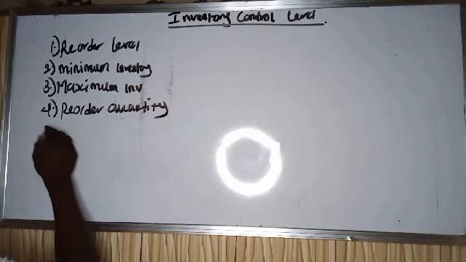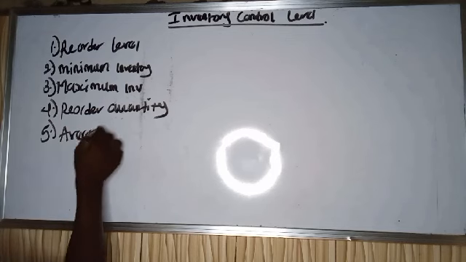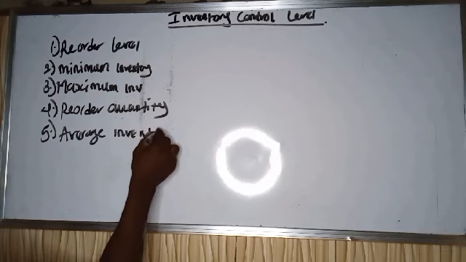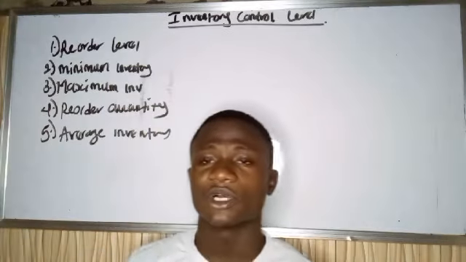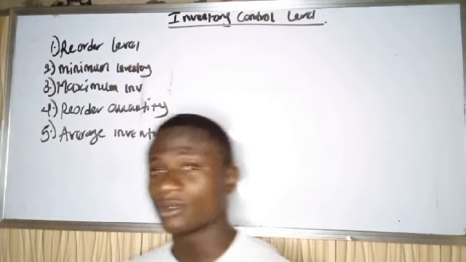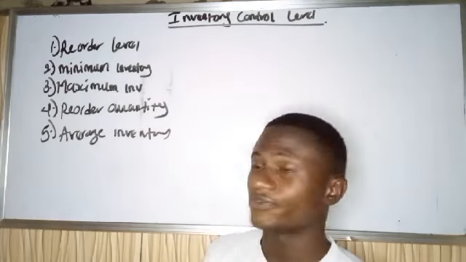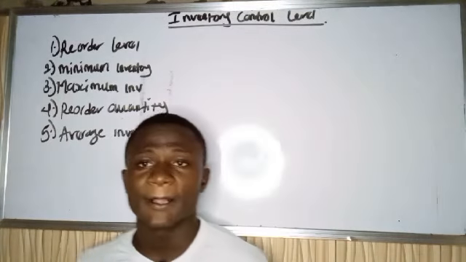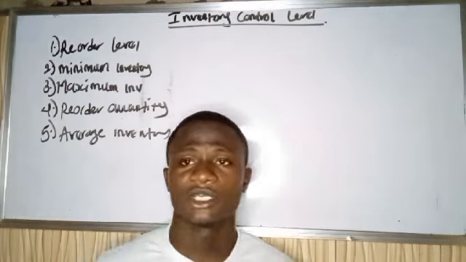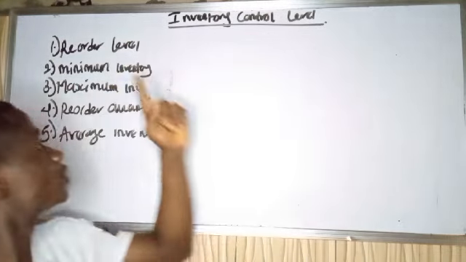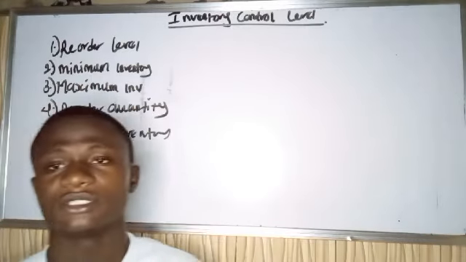Number five, average inventory level. So these are the major five we are going to consider, but we cannot touch everything in this class. Of course, we touch the most important ones, which are the reorder level, the minimum inventory level, and the maximum inventory level.